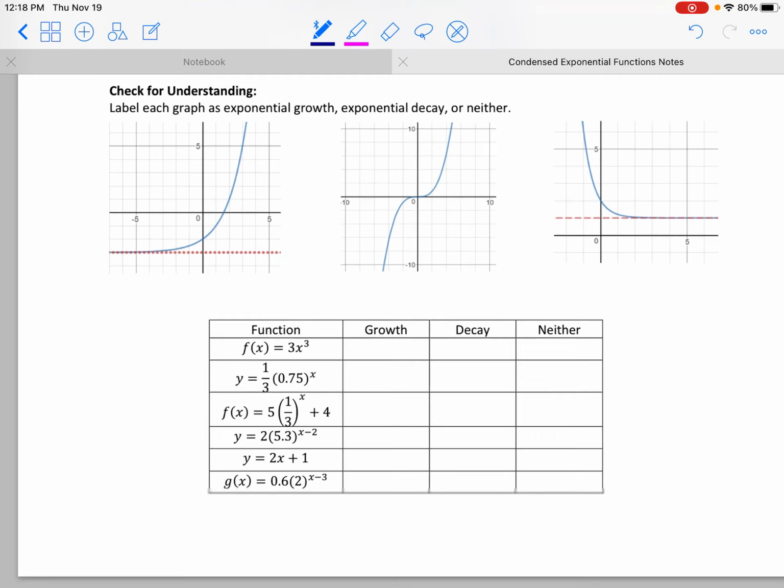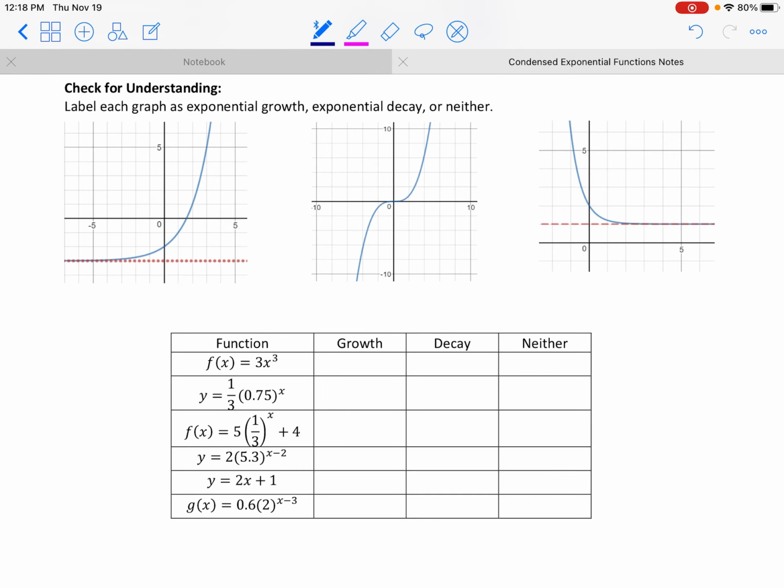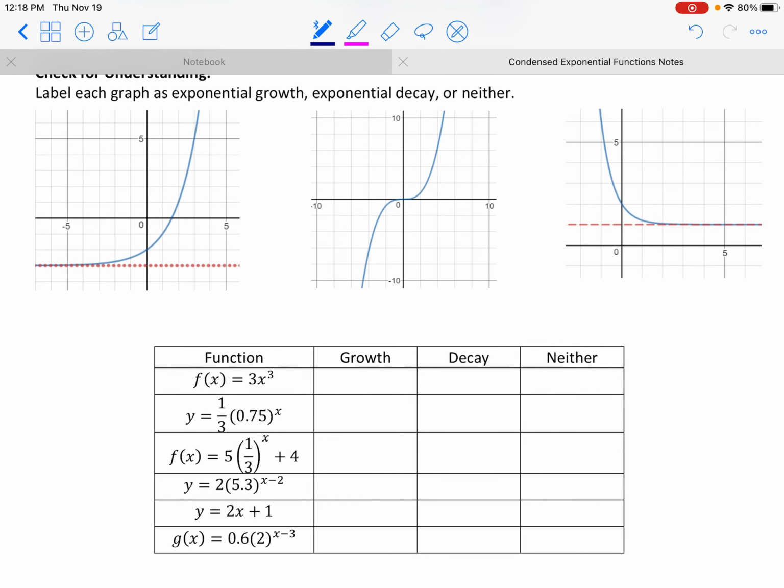I just want to make sure we really understand and can recognize exponential growth versus exponential decay versus maybe something that isn't even exponential. So looking at the first graph, hopefully you can see that this is an exponential growth function. It maintains the shape of our exponentials that we've been graphing, increasing from left to right, growth. The next one doesn't have an asymptote at all.